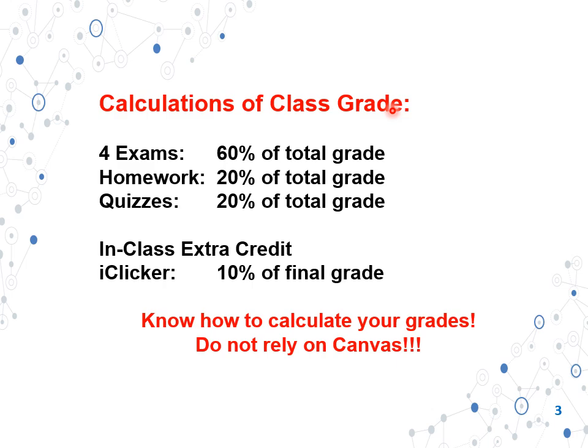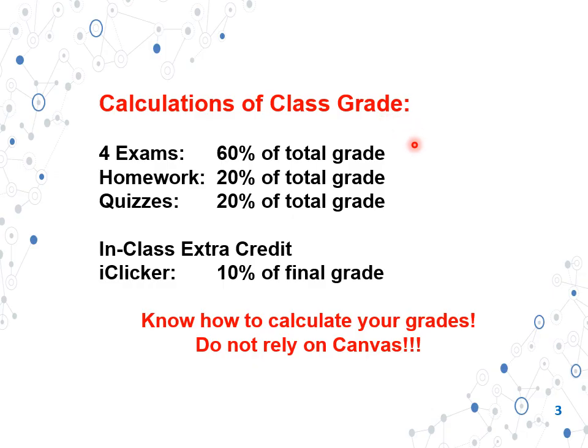Okay. You add this all up, you come up with 100%, right? You have to know how to calculate your grade. And this is really difficult. Look at this. 60 plus 20 is 80. Plus 20 is 100. Okay.